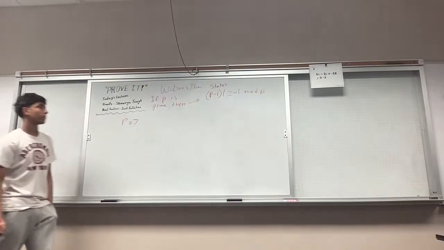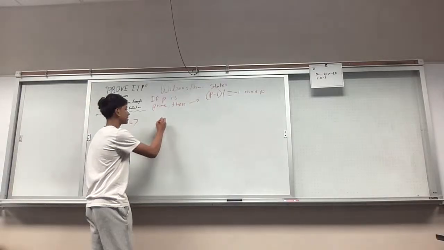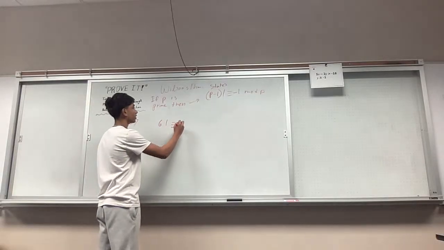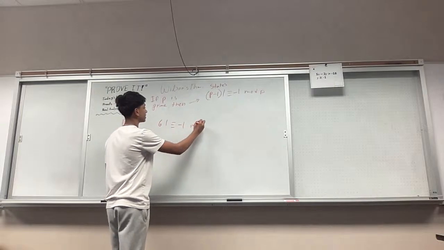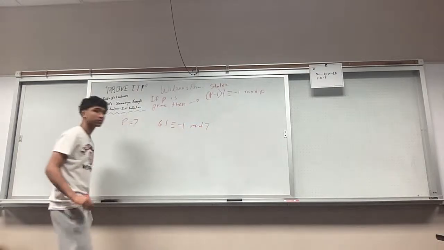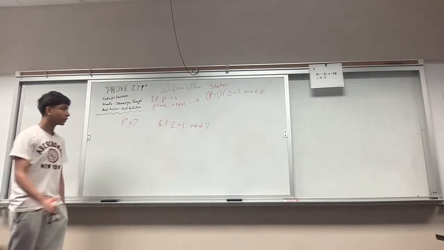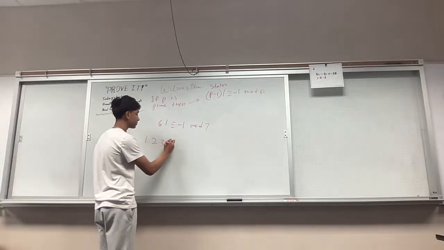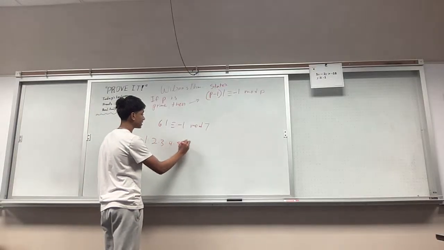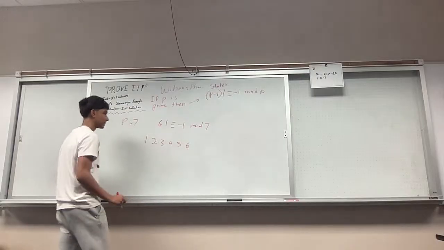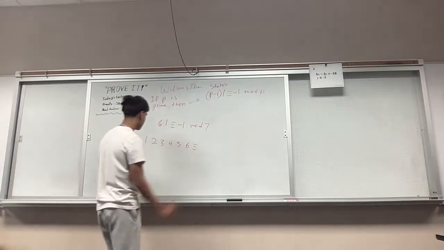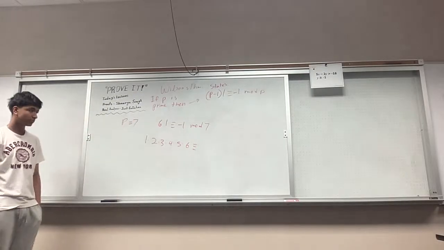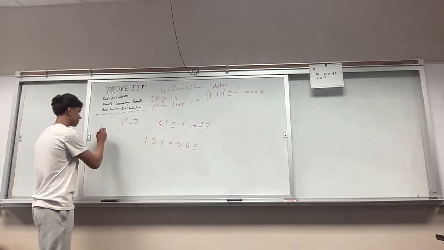You're trying to show that 6 factorial is congruent to -1 mod 7. What you can do with this is say, okay, 1 times 2 times 3 times 4 times 5 times 6 is congruent to what, right? And let's list these numbers down.